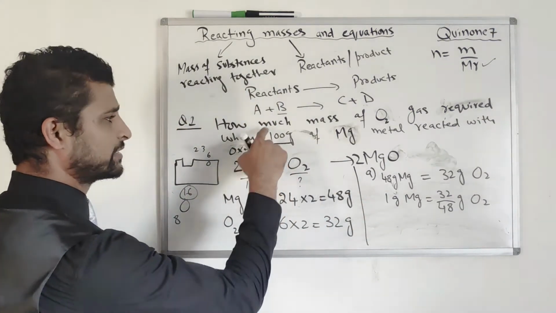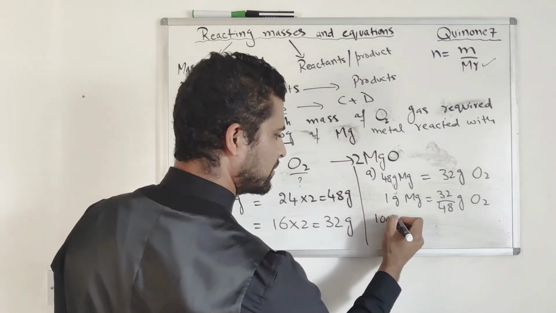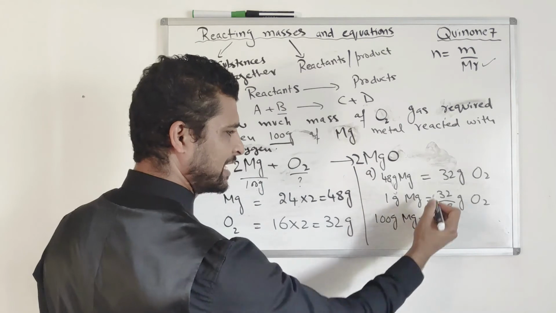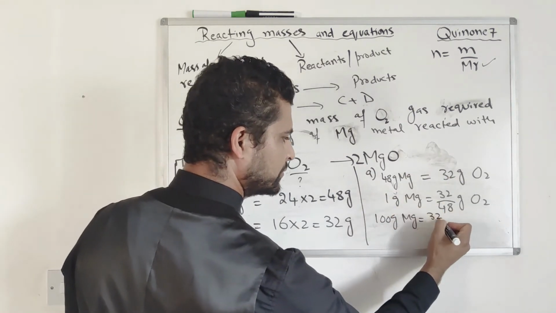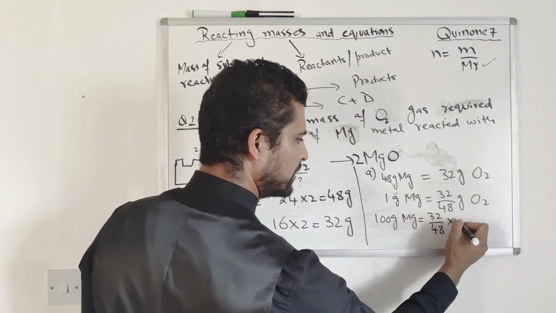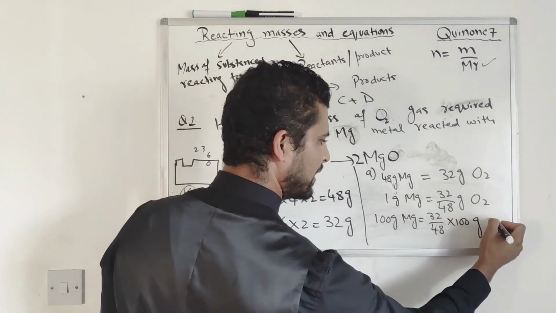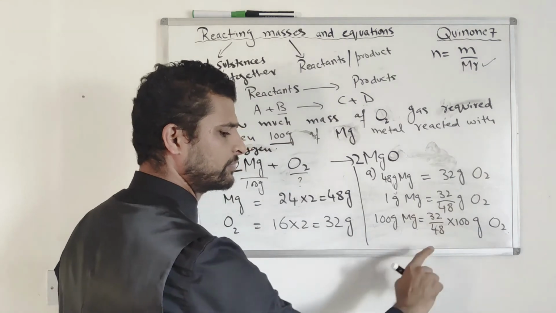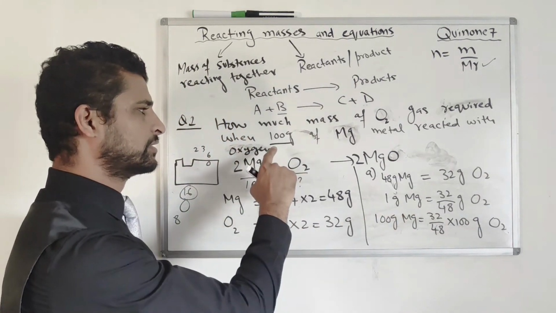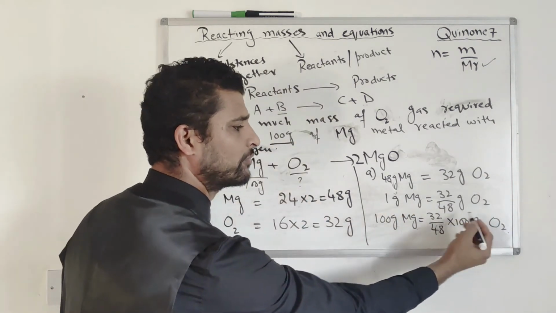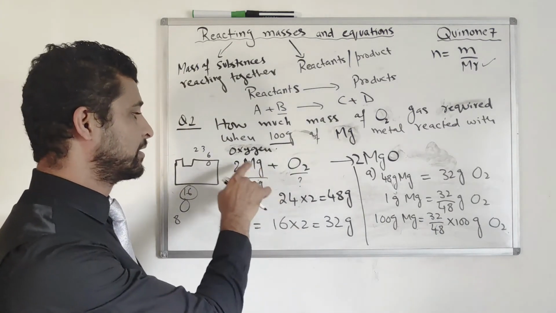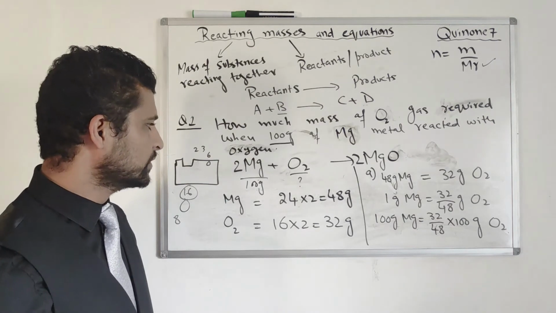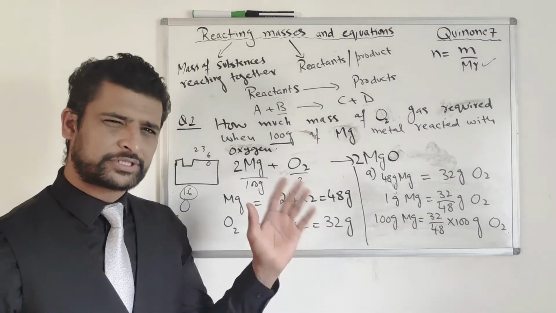And because your question says 100 grams, you say 100 grams of magnesium. That's all theoretical. So you said 32 divided by 48 times 100 grams of oxygen. So whatever the answer is going to come out from there, that will be the amount of oxygen that will react with magnesium in order to produce the magnesium oxide.